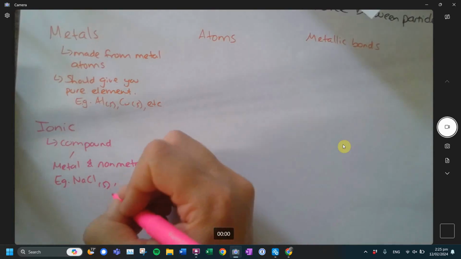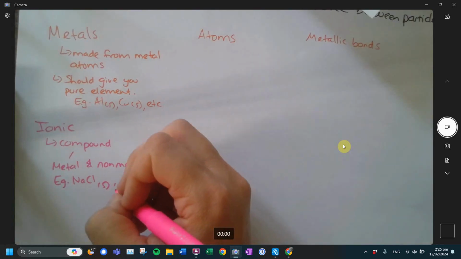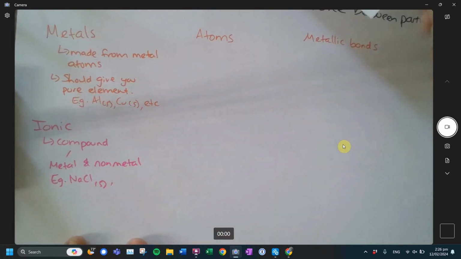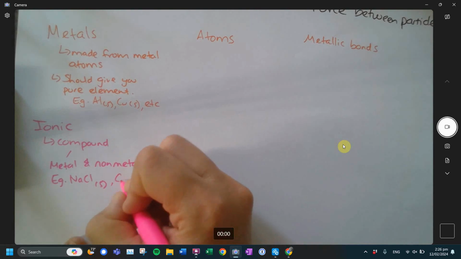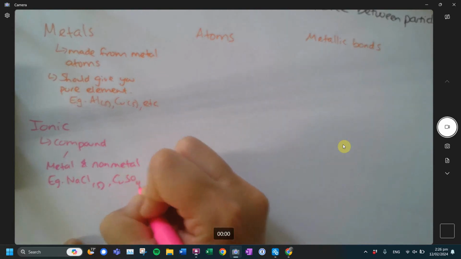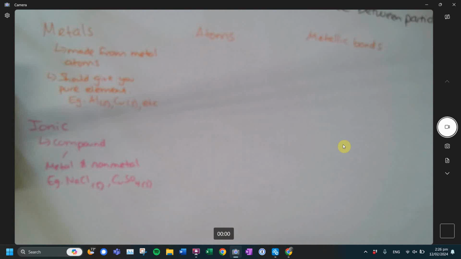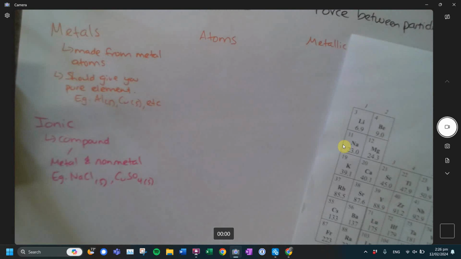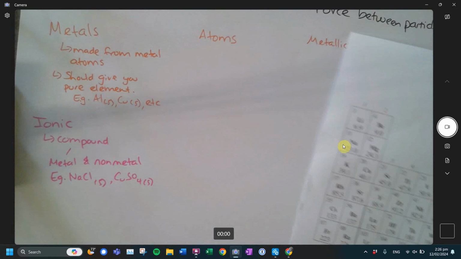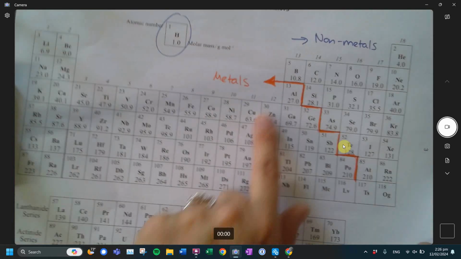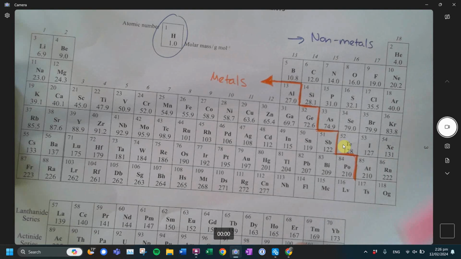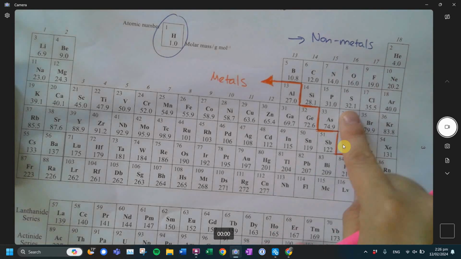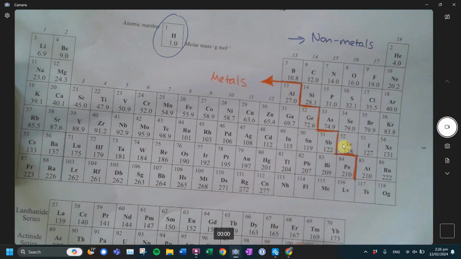Another example could be copper sulfate. When I look at the periodic table, I will see that the copper is on my metal side, and then the sulfur is on my non-metal side, and the oxygen is also on my non-metal side.